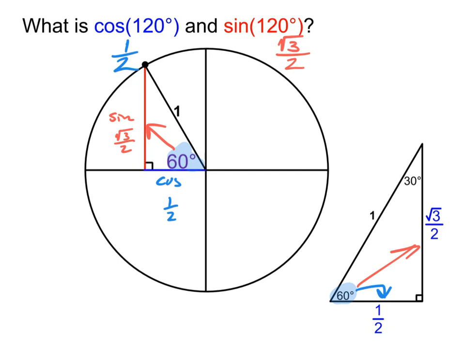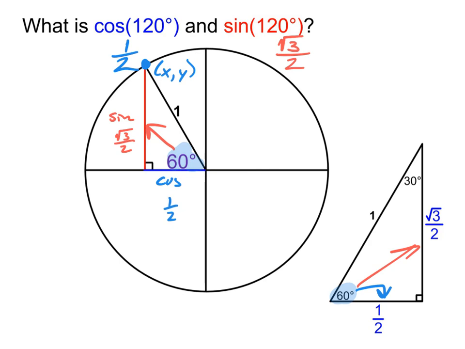We need to tweak one other thing about it because we just filled in those values based off of our 30, 60, 90 right triangle down here. Well, remember that the actual cosine and sine values also correlate to the coordinates of the point up here on the unit circle. So we know that it's going to correlate to the x and y up here. Well, if that's going to be the x and y coordinate pair, notice that it's in the second quadrant.